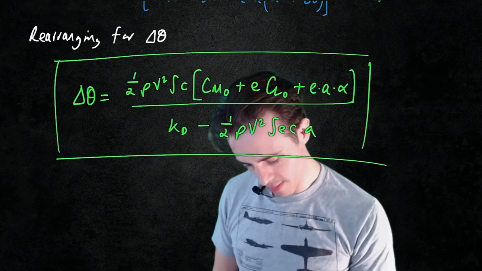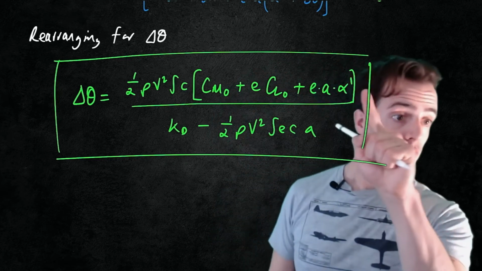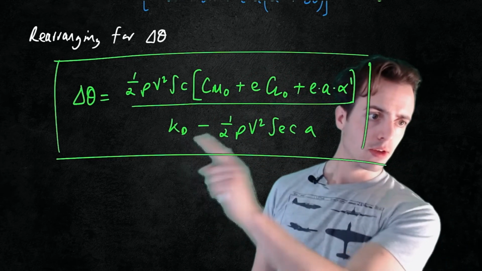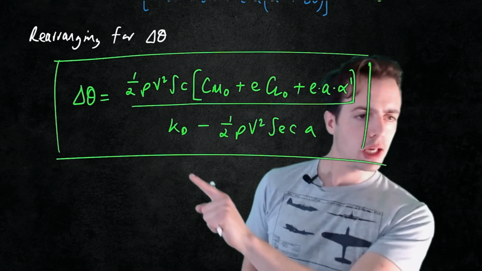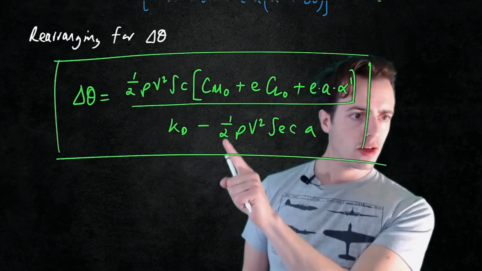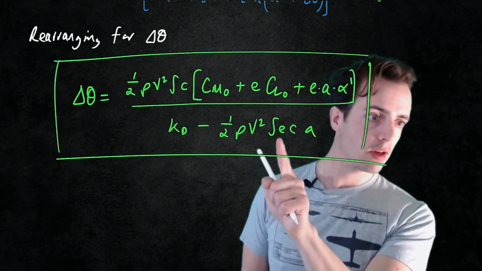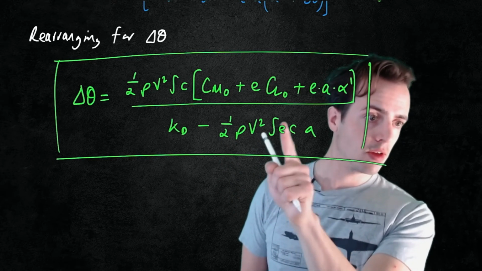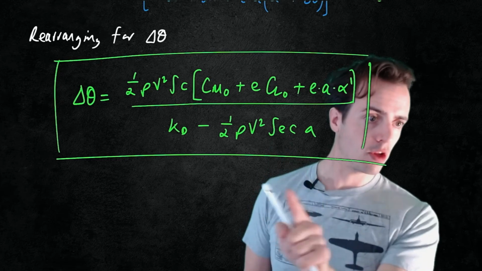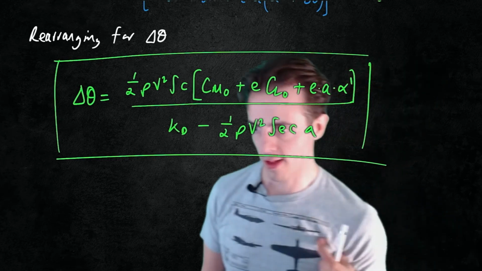This should have a prime next to it, sorry. That's going to be the rigid angle of attack. So that's not the actual, that's the rigid angle of attack. Torsional stiffness, and then again dynamic pressure, wing area, and then we've got the dimensional elastic margin because it's E multiplied by C, and then the lift curve slope here.